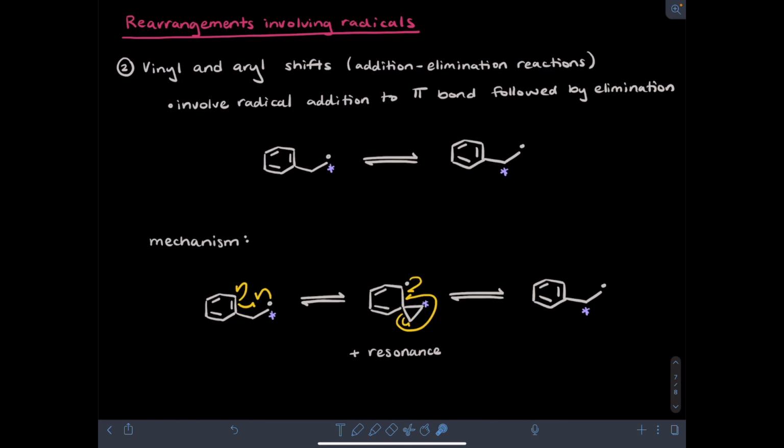Okay, so this video talked about carbanion rearrangements as well as radical rearrangements. One carbanion rearrangement reaction was the Favorskii reaction that involved conversion of a ketone adjacent to an alkyl halide starting material into a smaller ring containing a carboxylic acid. And I also showed you examples where carbanions that are adjacent to alkenes can undergo rearrangement reactions as well.